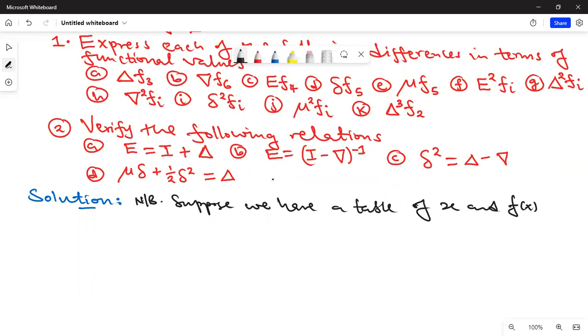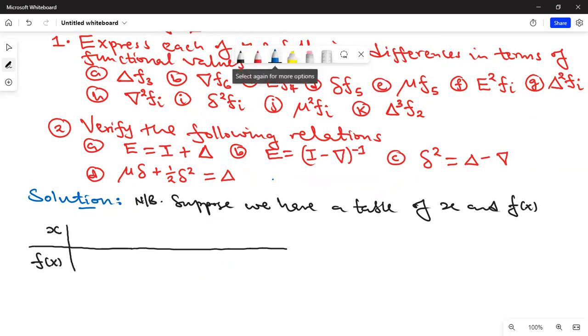Let me draw it. We have x values and then we have f of x. So let's say here that the value of x here is a. Here it will be f of a.